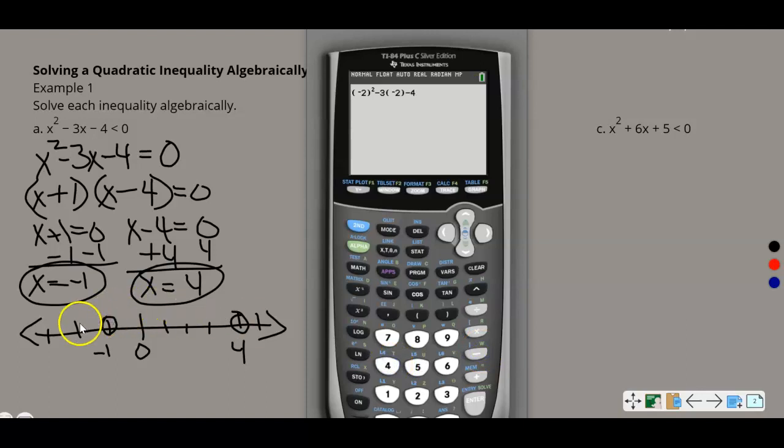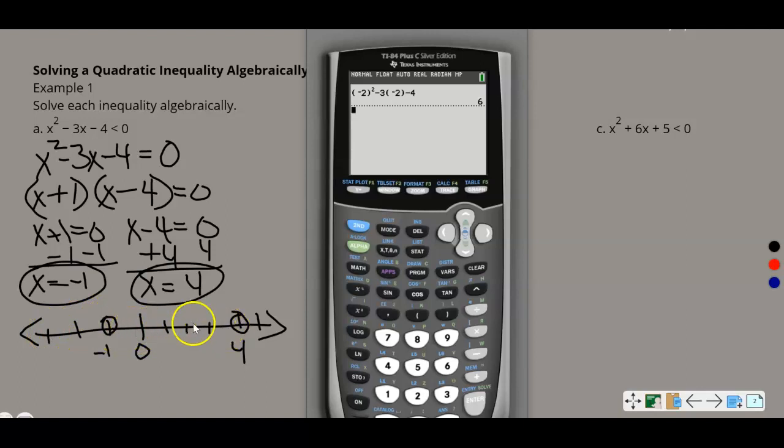And so that's a number to the left of -1, so we're trying to see if this area is our solution set, and if it's less than 0, then that would be our solution set. So the answer to that is 6. 6 is not less than 0, so we know this area here is not part of the solution.